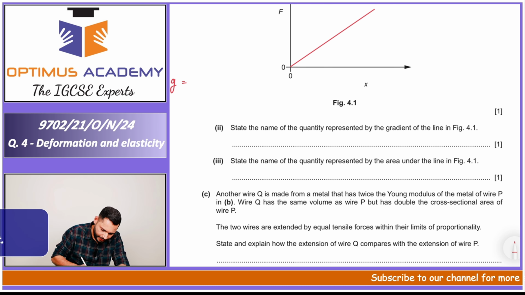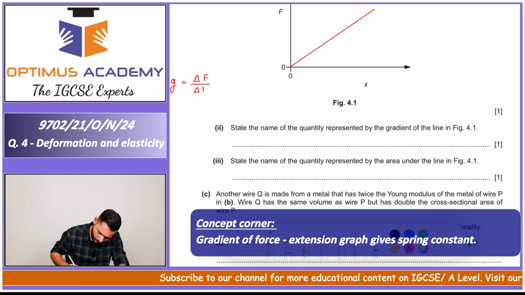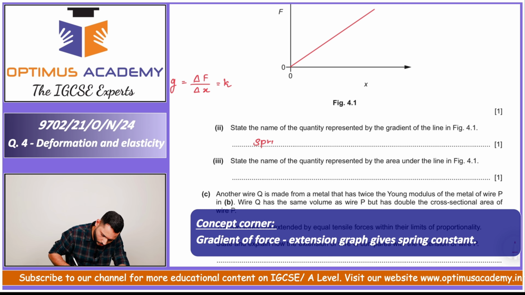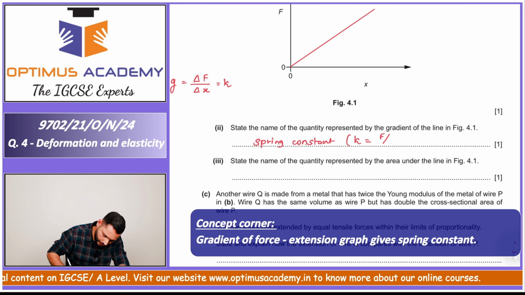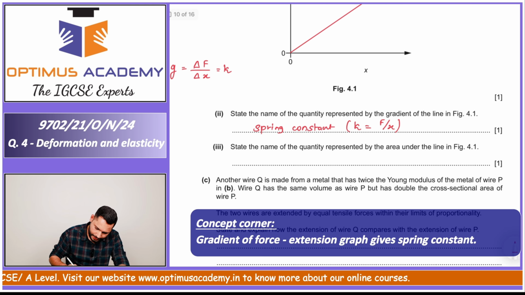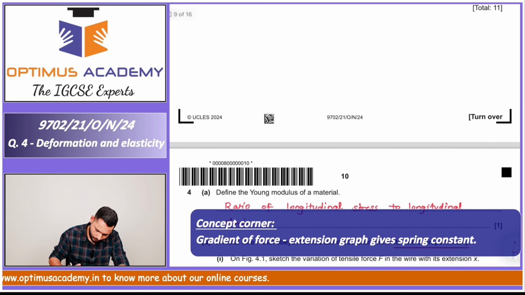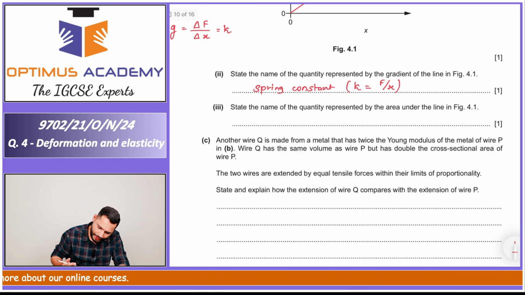Now the gradient of this line will be delta F upon delta X, which is K, that is the spring constant of the object. So it is K equals F upon X. State the name of the quantity represented by the area under the line in figure 4.1.